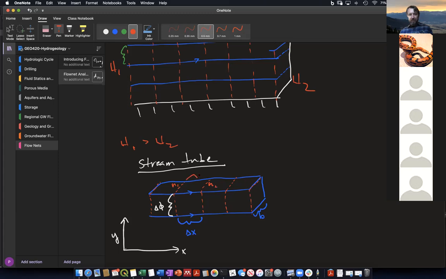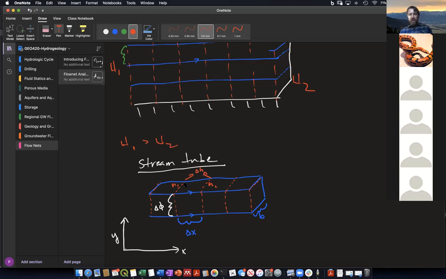Then the difference in head between these two contours is delta H. I'm going to change my notation because this is confusing every year. I'm going to say the difference between this one and this one is delta H.